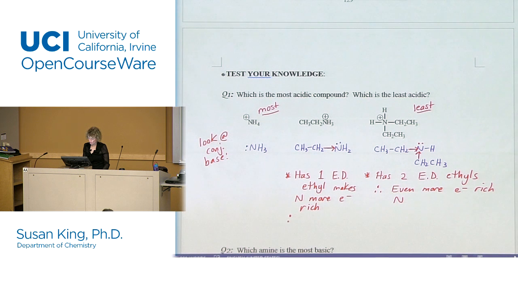So this one is less stable than ammonia, and the third one is even less stable. Remember, things that we do to stabilize the conjugate base make the acid more acidic. So in the second case and the third case, when it's a less stable conjugate base, that means the acid's going to be less acidic. So here the third is least acidic.